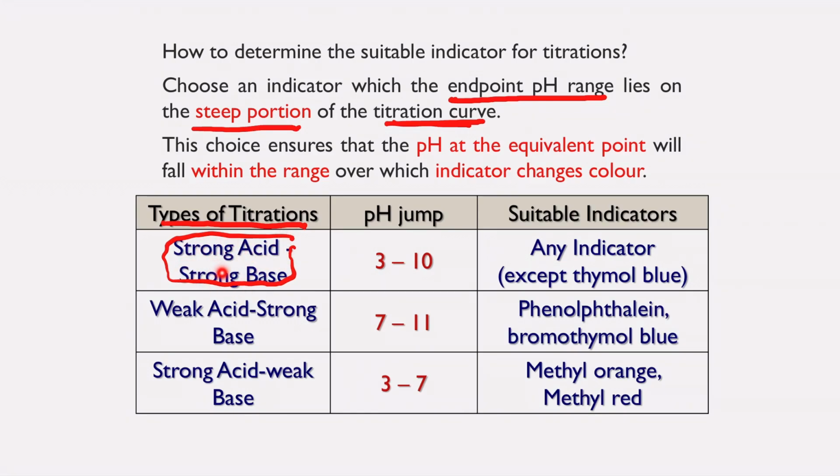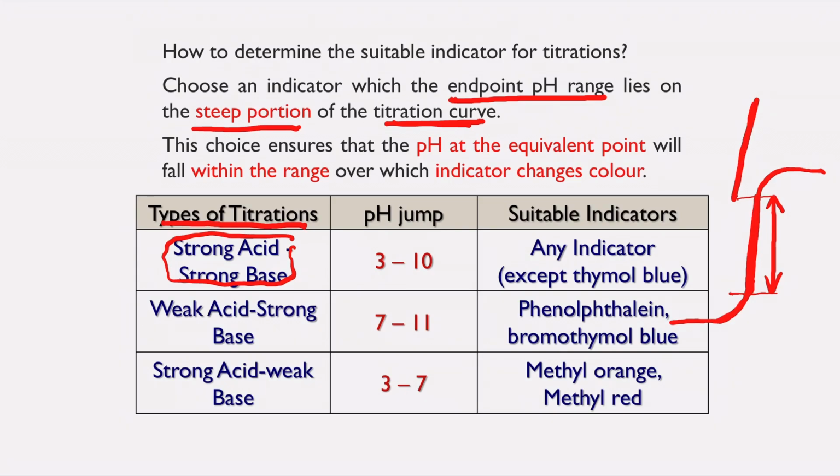Kalau between strong acid and strong base, your pH jump, awak punya steep portion dalam awak punya titration curve will be like this. Okay, macam ni. Yang straight line tu, yang straight, yang tinggi tu macam tu. Before dia jadi curve macam tu. Okay, before dia jadi curve, this straight, this steep portion here, okay, this is called the pH jump.